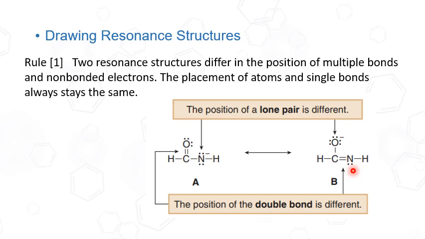What's different? The double bonds. The multiple bonds are positioned differently. The non-bonded pairs, the one that was on N, are now on O, positioned differently. So that's the first rule. Single bonds always stay the same. Only the multiple bonds and lone pairs are different.